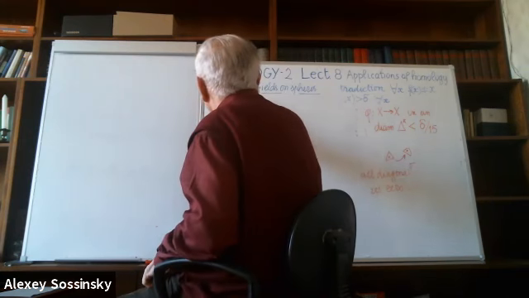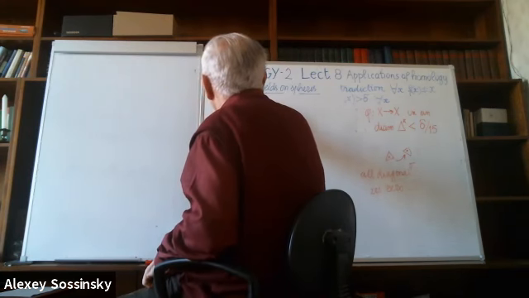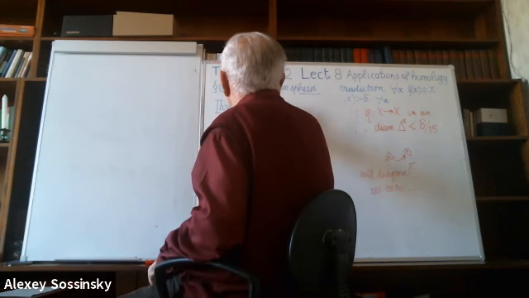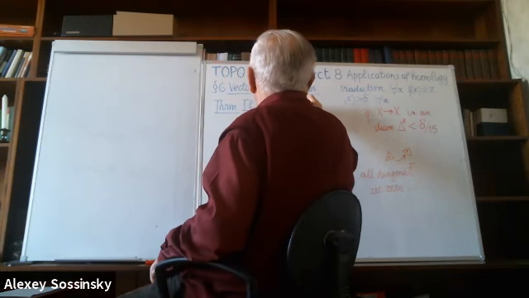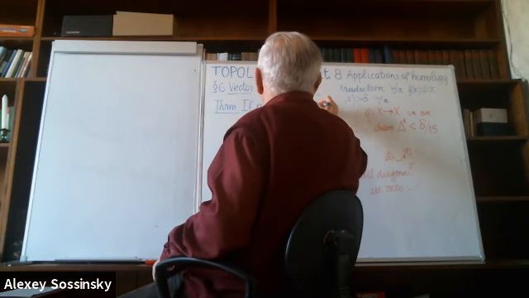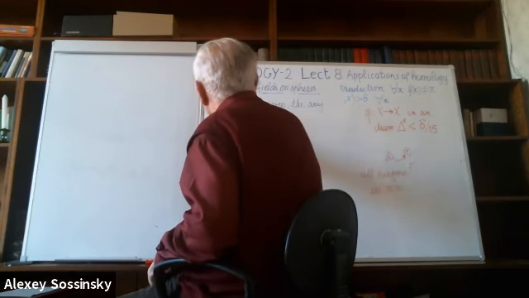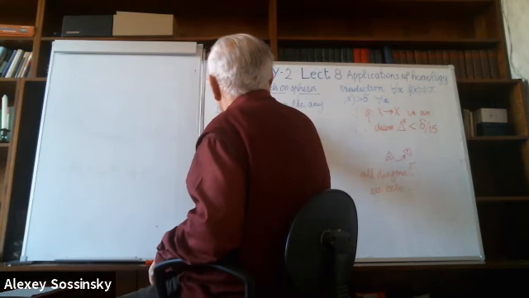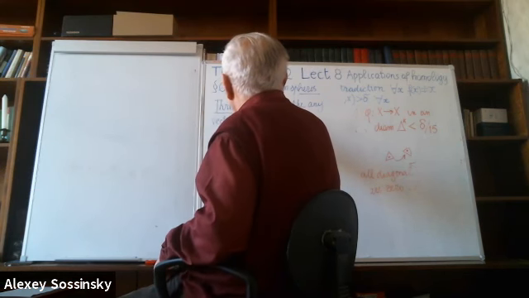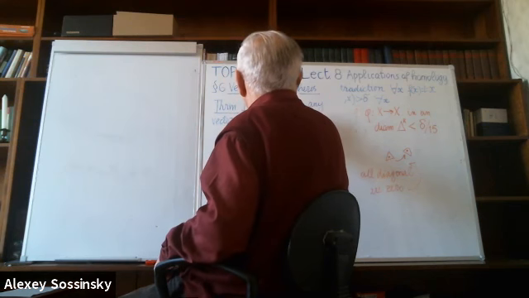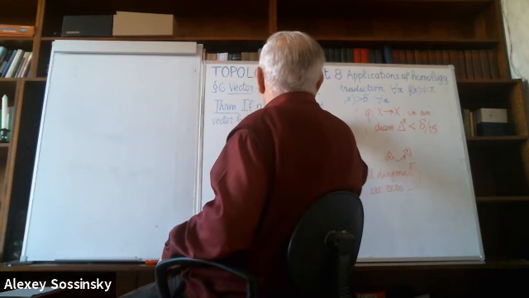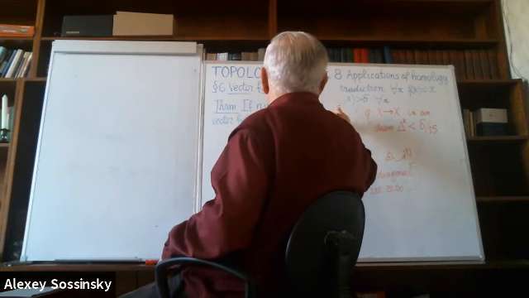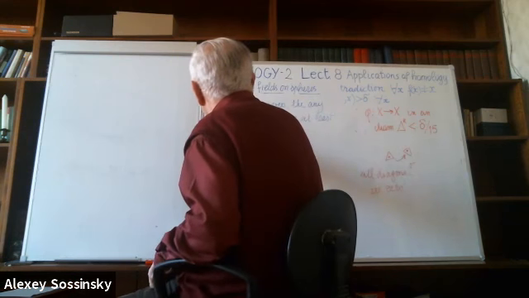And the main theorem is that if n is even, then any vector field, well, smooth, any vector field on an n-dimensional sphere has at least one singular point.